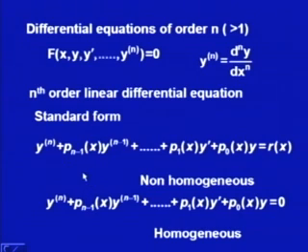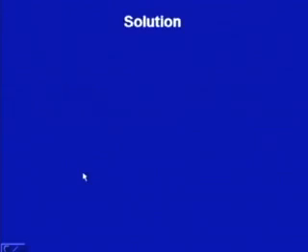Now, let us revisit some definitions in differential equations. First is solution. What will be the solution of an nth order differential equation? As usual, the solution should be any function which satisfies the equation. So, what is special about this one?